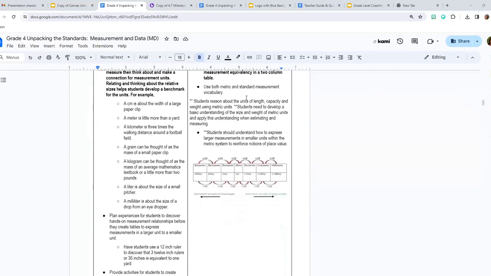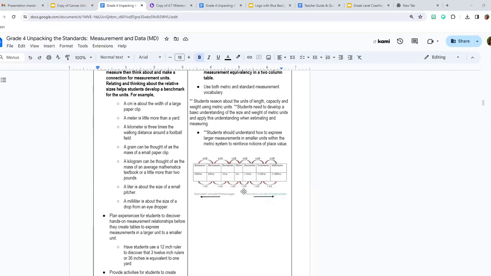Students should be reasoning about the units of length, capacity, and weight using metric units. Students need to develop a basic understanding of the size and weight of metric units and apply this understanding when estimating and measuring. Students should understand how to express larger measurements in smaller units within the metric system to reinforce notions of place value. So we have the millimeter multiplied by 10. Just take a look at this pattern that we see here.